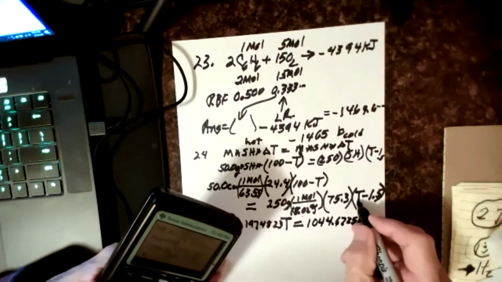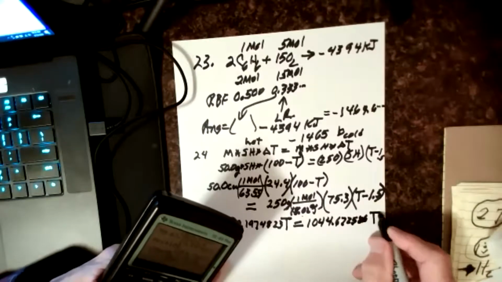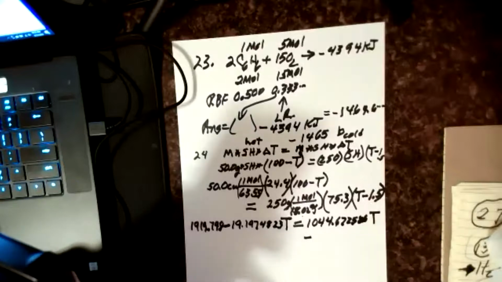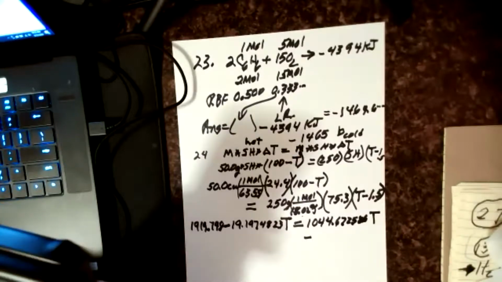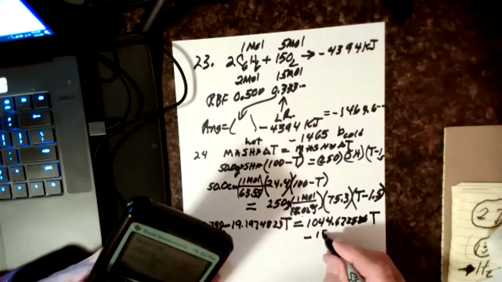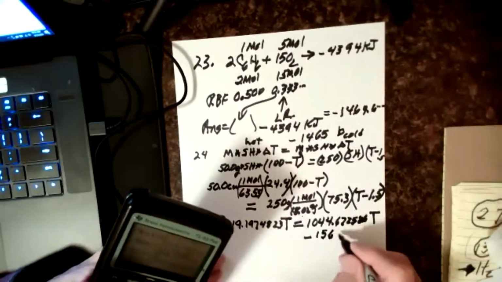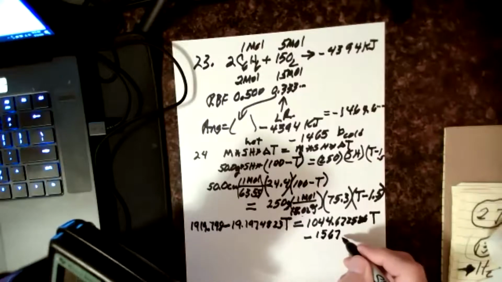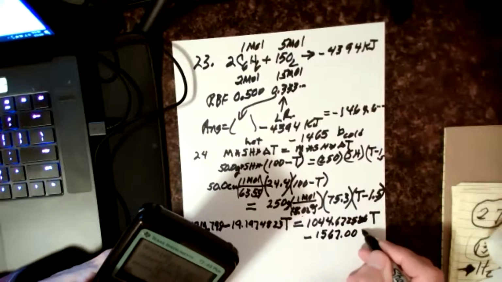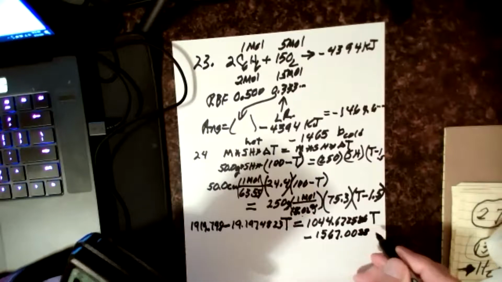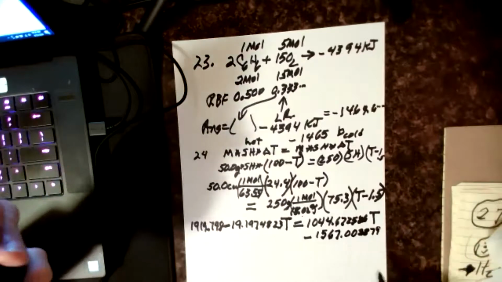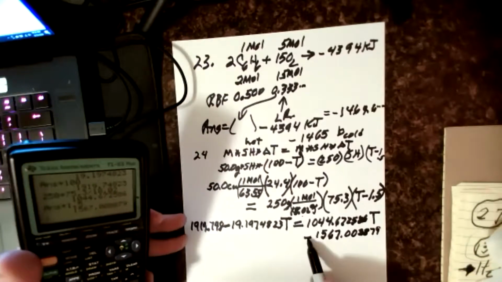And now that's times T. And now I'm going to subtract off 1.5 times that, times 1.5. And I get minus 1567.008889. Now, once you look at the math, this number is negative.